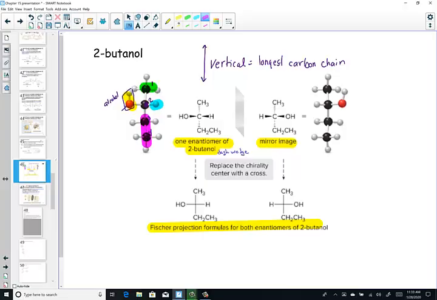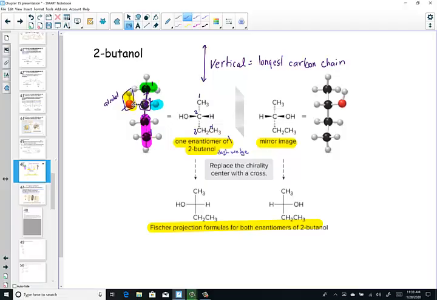From the perspective of carbon 2, that's our chiral center, notice that the carbon leading up is going behind the page. Notice that the carbon pointing down is going behind the page. So the longest carbon chain, 1, 2, 3, 4, is presented as dashes.